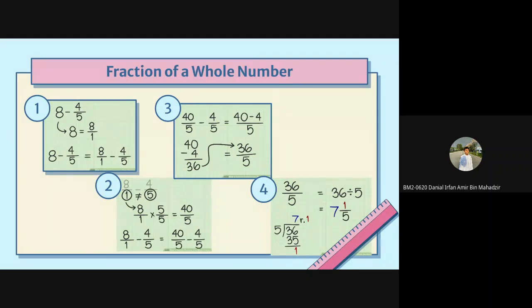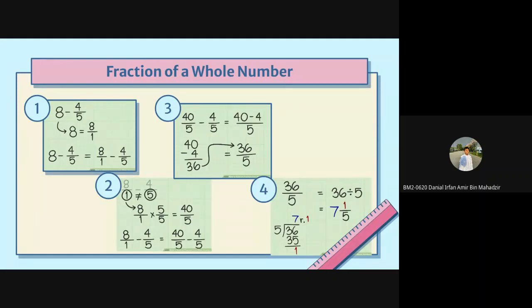When the denominators are the same, we can just subtract the numerators, like usual, equal to 36 over 5. Then 36 over 5 is an improper fraction; to become a mixed fraction, we must divide 36 divided by 5, then we will get 7 1 over 5.